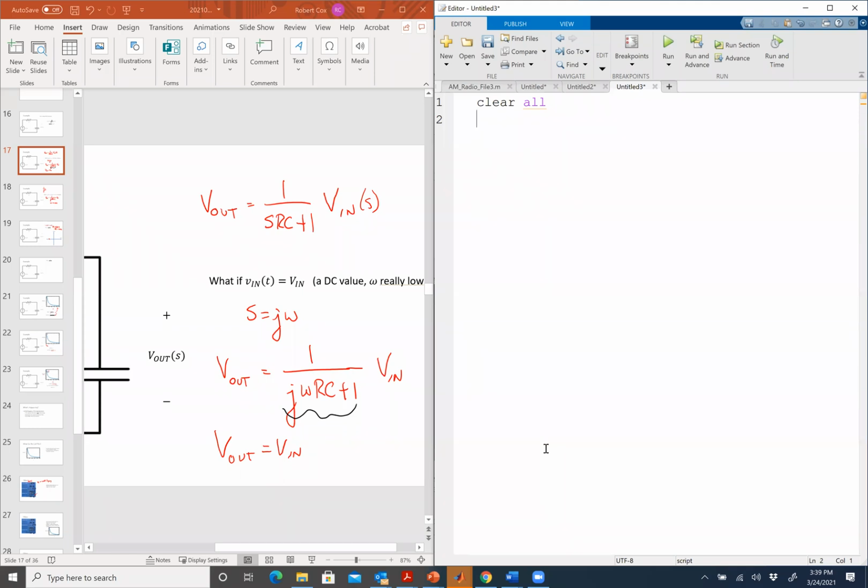All right. So that's important to usually write, but let's say I had R equals, in my example there, 1.59 kilo ohms. So I write 1.59 e to the third, and I write C equals 1 microfarad. Okay.